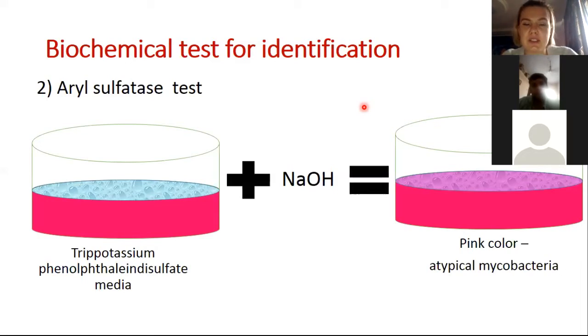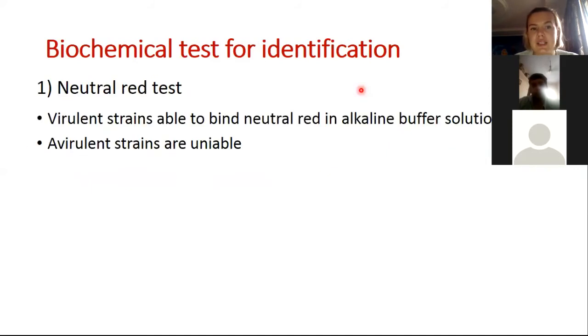You cultivate the bacteria on tripotassium phenolphthalein disulfate medium. If you detect a pink color change in the colonies, you interpret this result as atypical Mycobacteria. Neutral red test. Virulent strains are able to bind neutral red in alkaline buffer solution. Avirulent strains are unable.